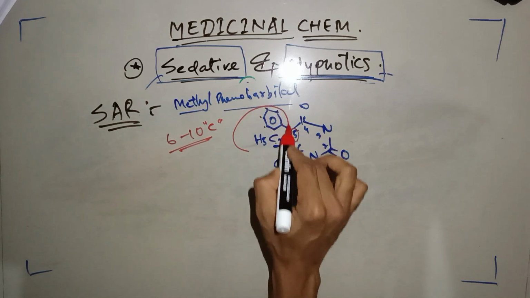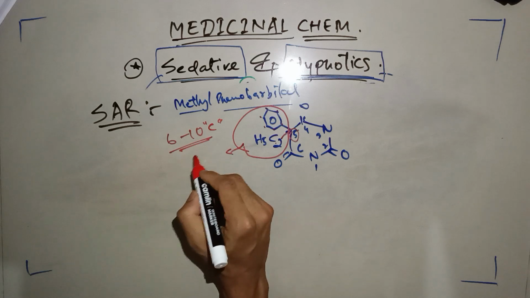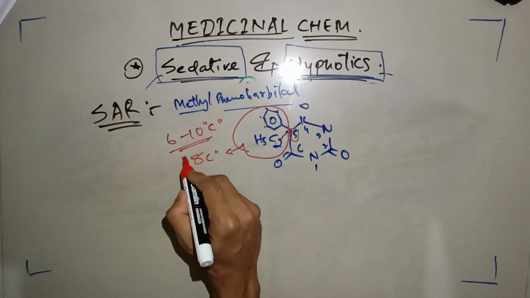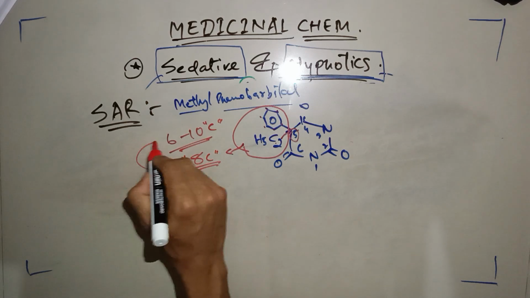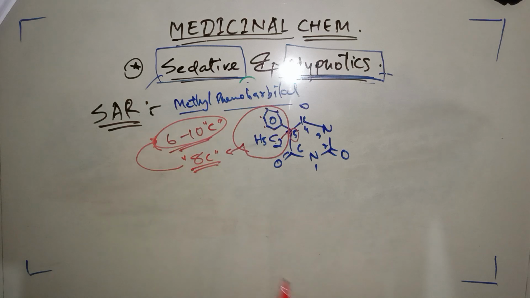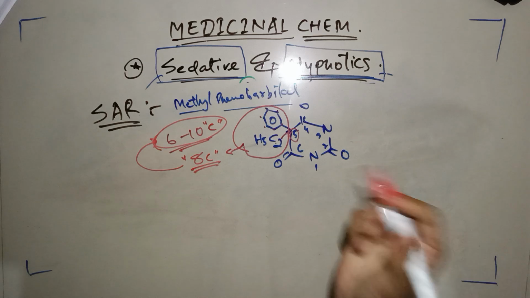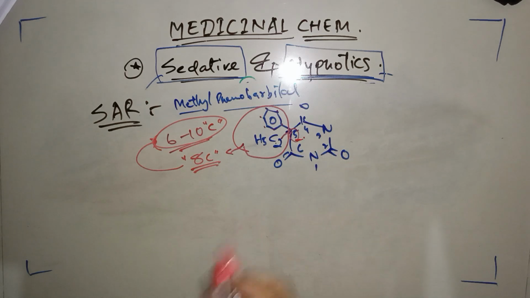So how many carbon atoms overall? 8 carbon atoms. So the range is 6 to 10. If more than 10 or less than 6 carbon atoms are present in the fifth position, then it will decrease the activity. Okay. Next, the next point is, if fifth position is substituted with two alkyl groups, then the pharmacological activity of the compound will increase.